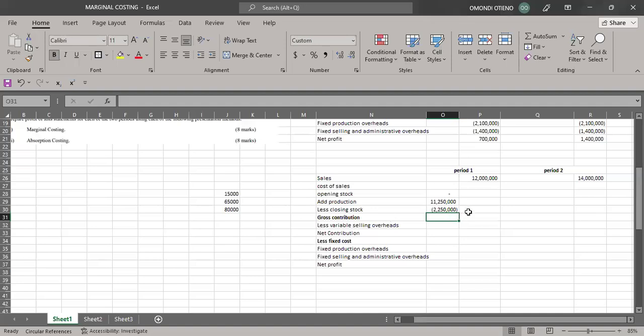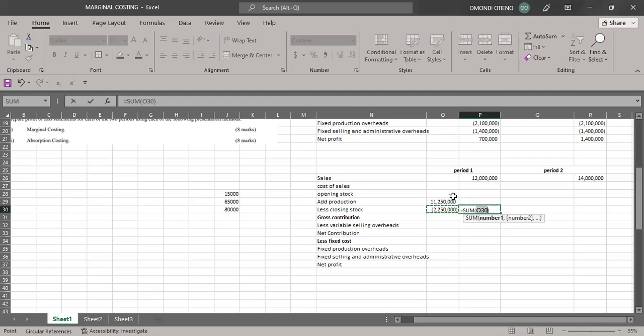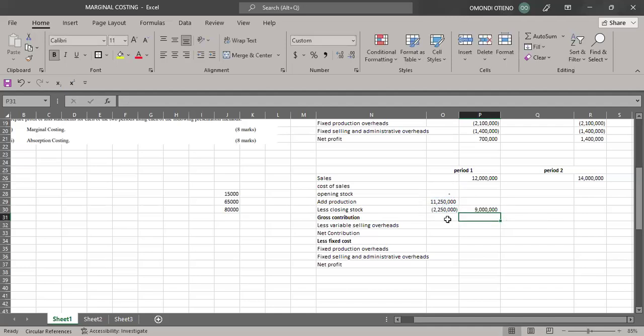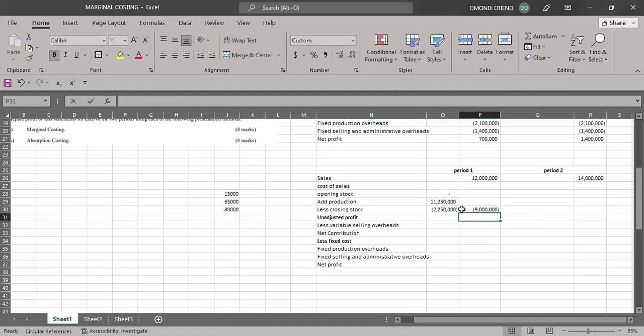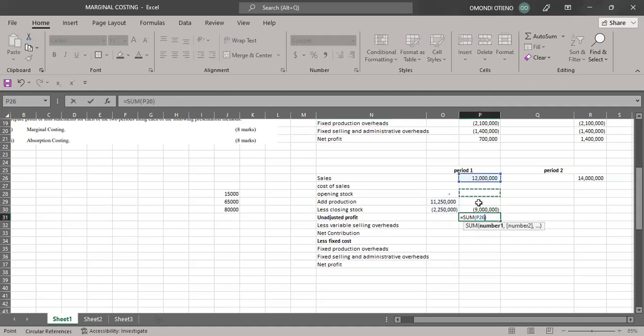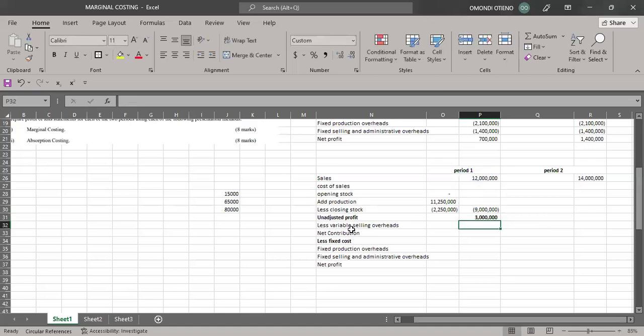To the closing stock, we'll be getting what we call cost of sales. Now, what we're getting here, we don't call it gross contribution, but we call it an unadjusted profit.